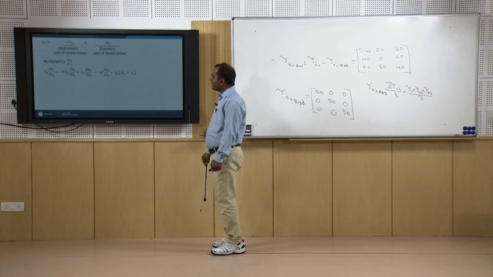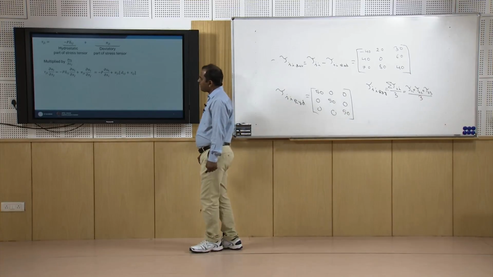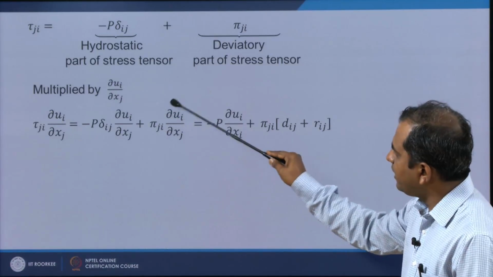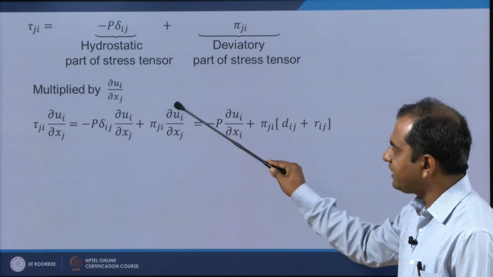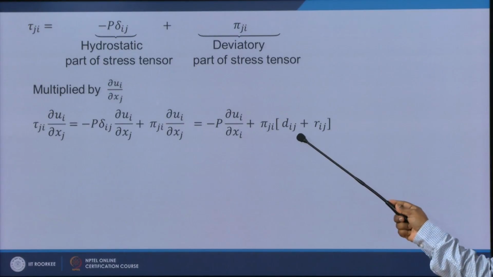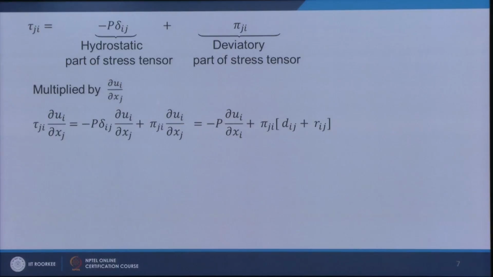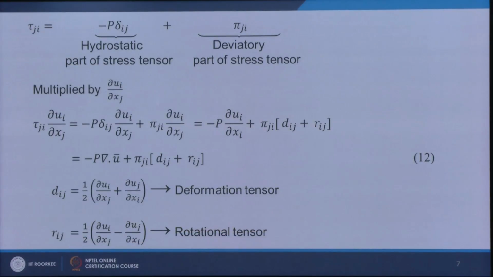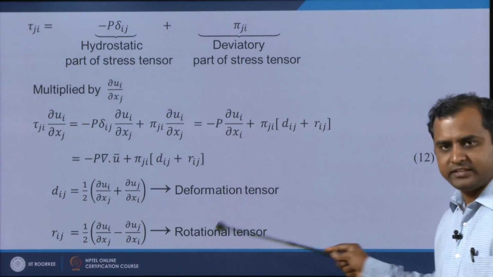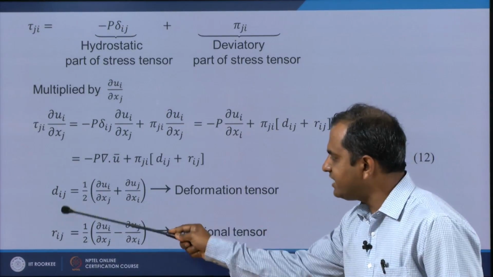Now, for further simplification, this del xj of ui attached to the deviatoric part I can write in two terms, which is nothing but dij plus rij. Here dij and rij are the deformation tensor and the rotational tensor. How have I written this dij and rij?